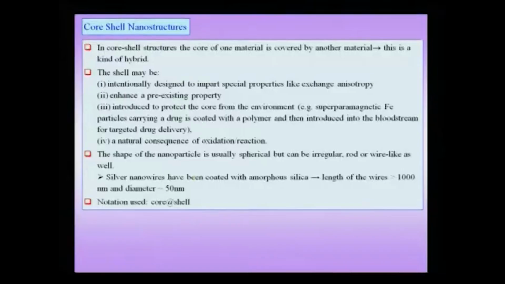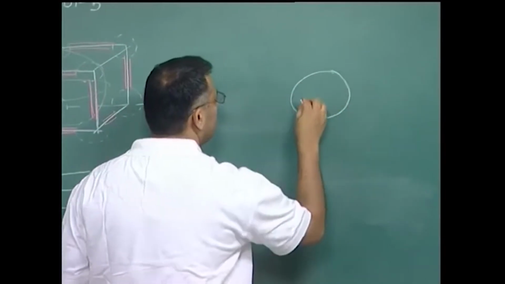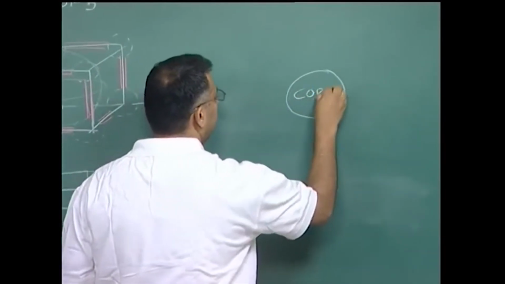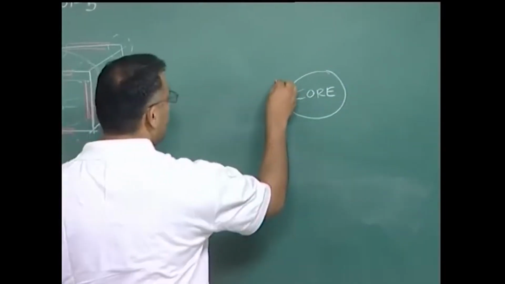The next class of materials we take up briefly here, and we will describe some important properties of these materials later, is what we might call the core shell nanostructures. A typical core shell nanostructure consists of a material which is inside, which I call the core, and around this I have a layer which I call the shell.